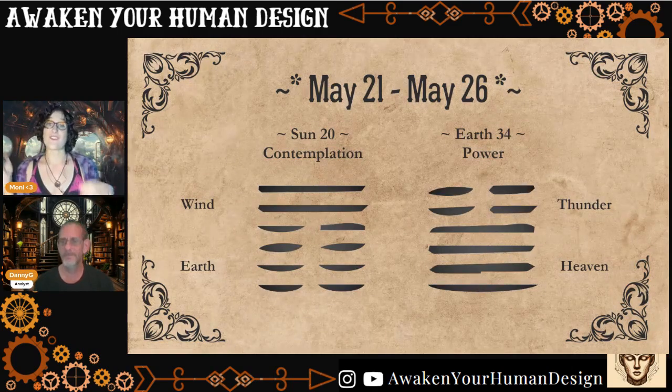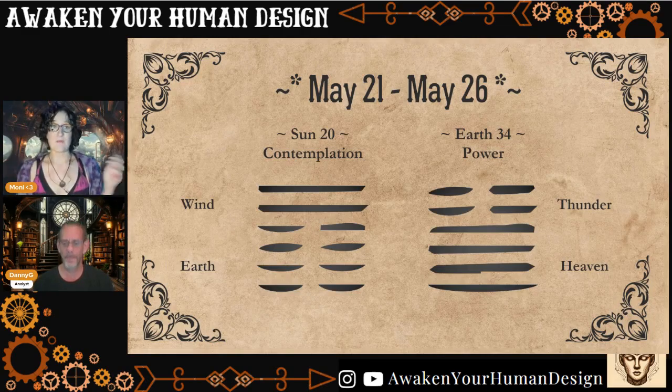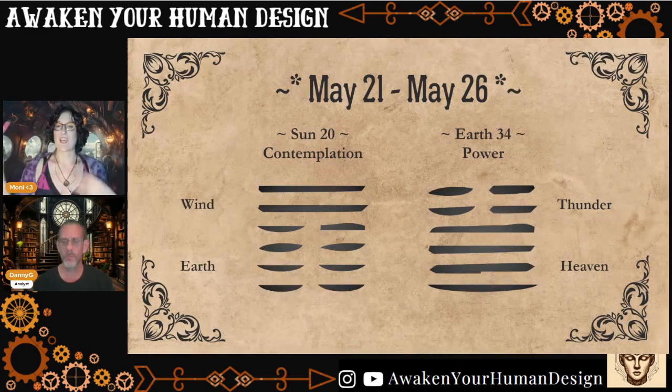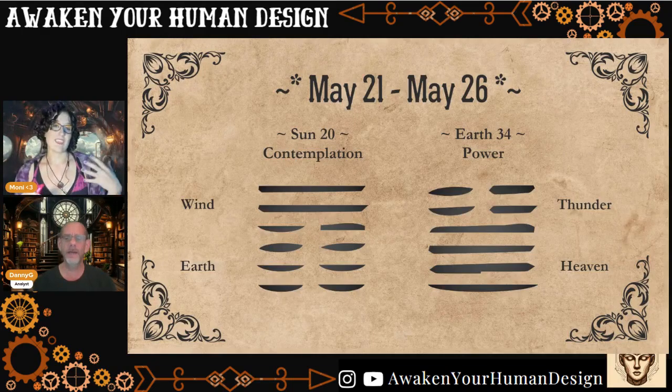And if you notice the earth in 34 power, it's an exact mirror. So they offer us a mirror in this energy where the four bottom ones are yang, the two top ones are yin. That looks like an incredible polarity, doesn't it? It holds it in a magnetic pull, making this something that would be a life force inside of humanity.